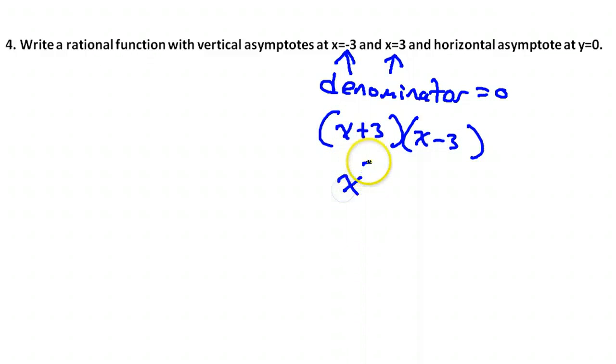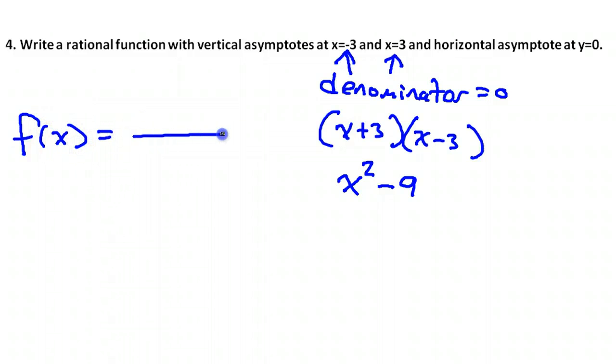So this must come from x squared minus 9, because this is the quadratic that would factor down to x plus 3, x minus 3. So that means my denominator must be x squared minus 9. Okay, so I'm working backwards. X squared minus 9 would factor this way and give me these vertical asymptotes.